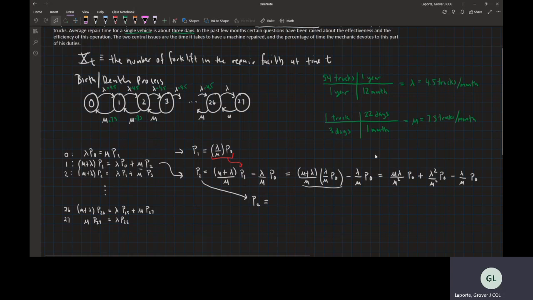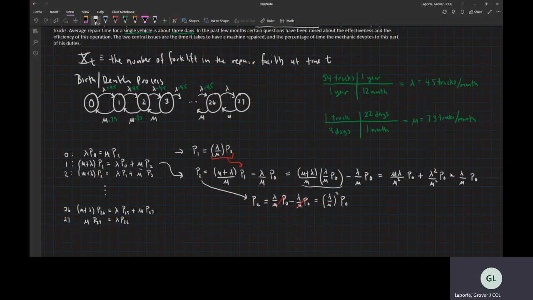So I get lambda over mu P0 minus, now I'm going to take this one at the end and put it in here, and it's going to be minus lambda over mu P0, and these two will cancel off. It will just leave us, again, all the algebra aside, it wasn't that hard, lambda over mu quantity squared times P0.